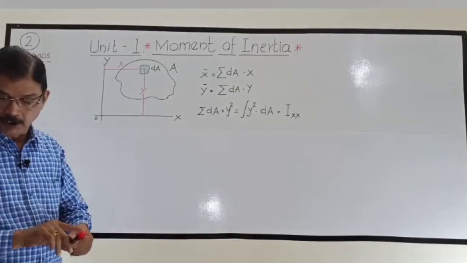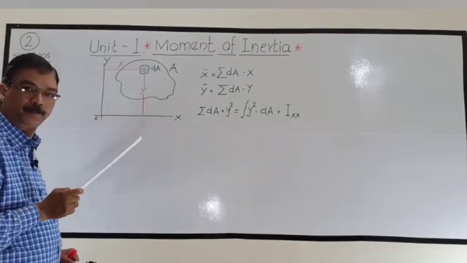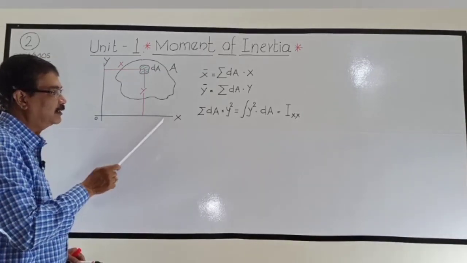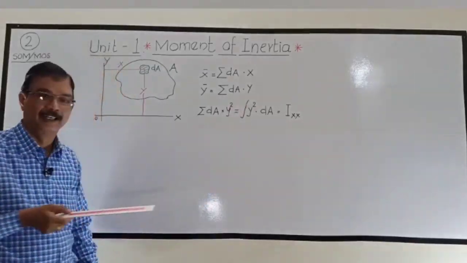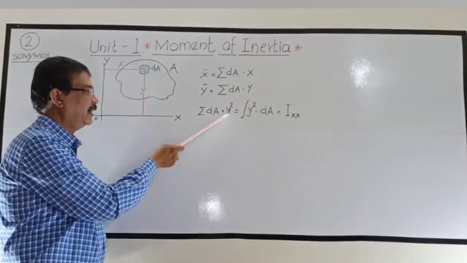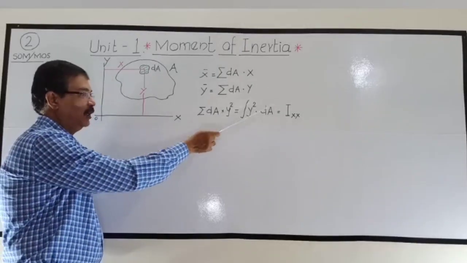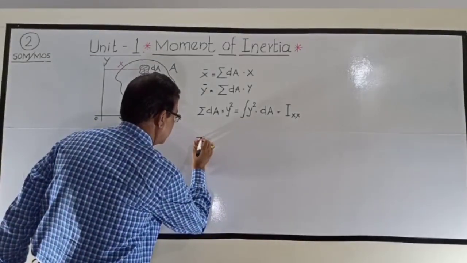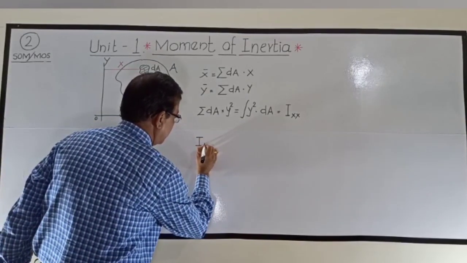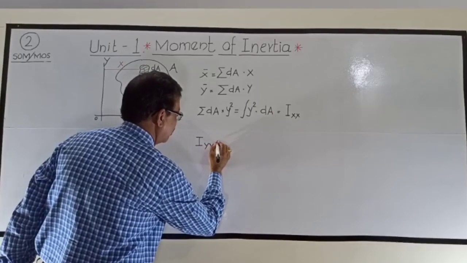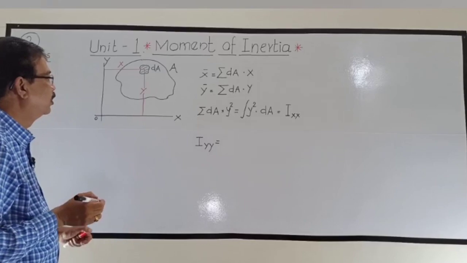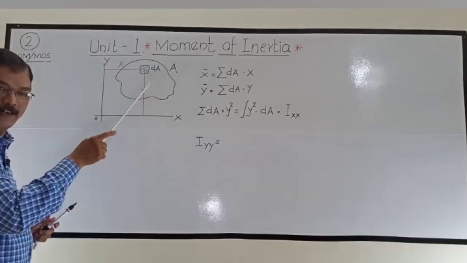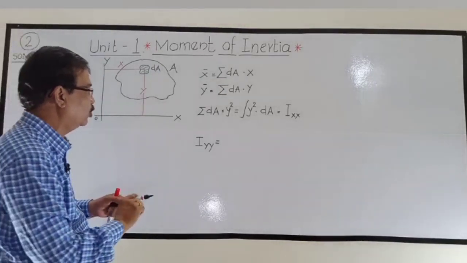Therefore, the moment of inertia of area A about the reference x-axis is Ixx, which is summation dA into y, that is y square, that is integration y square dA. Similarly, the moment of inertia of this area about the y-axis will be, can you tell me what is the first moment? dA into x, integration of that, and again the second moment, that is dA into x.